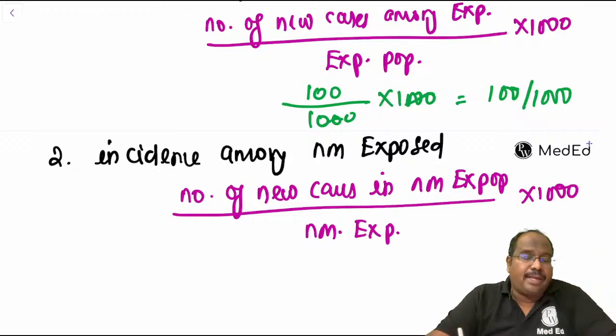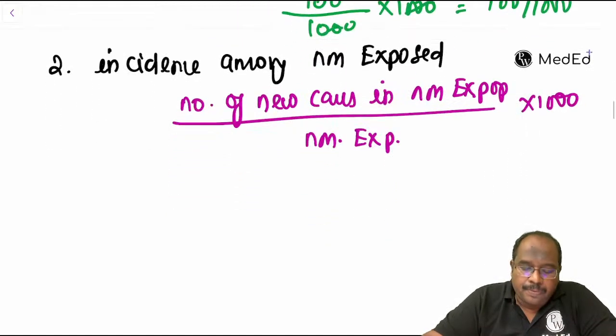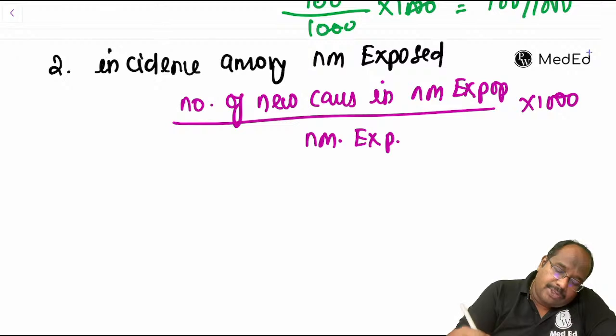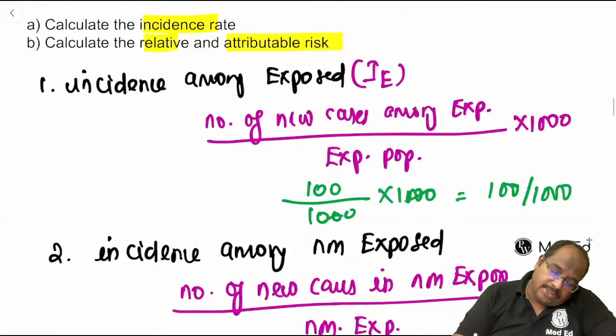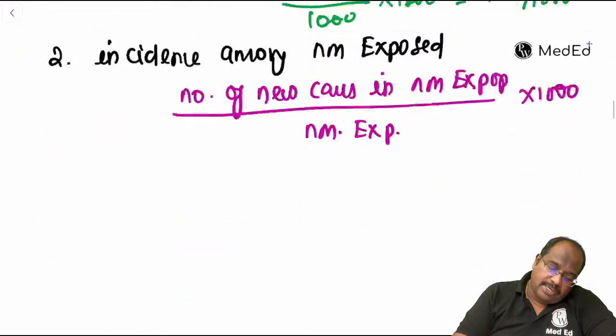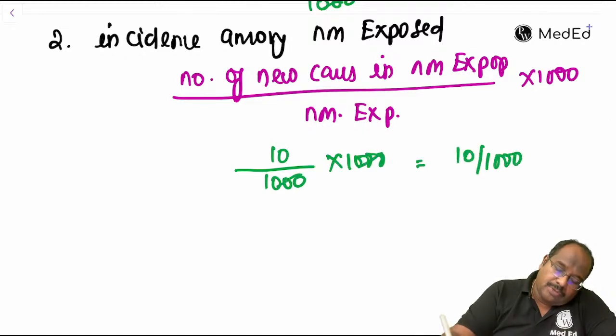The denominator here is the non-exposed group. So how much here? 10 cases out of 1000. So 10 by 1000 multiplied by 1000, this is 10 per 1000.